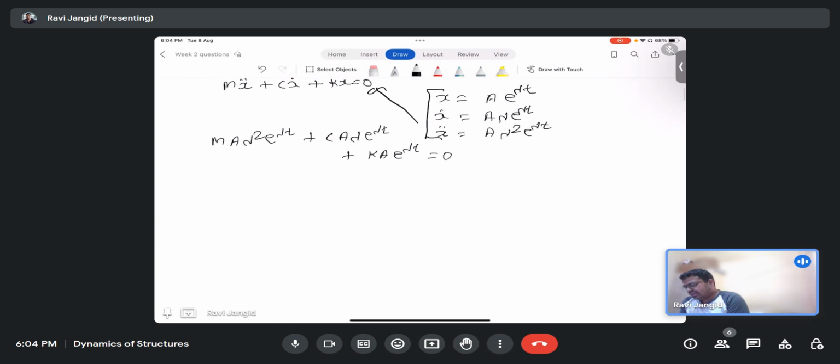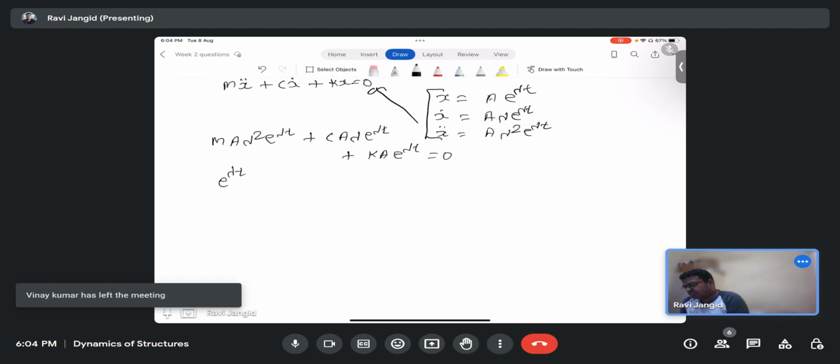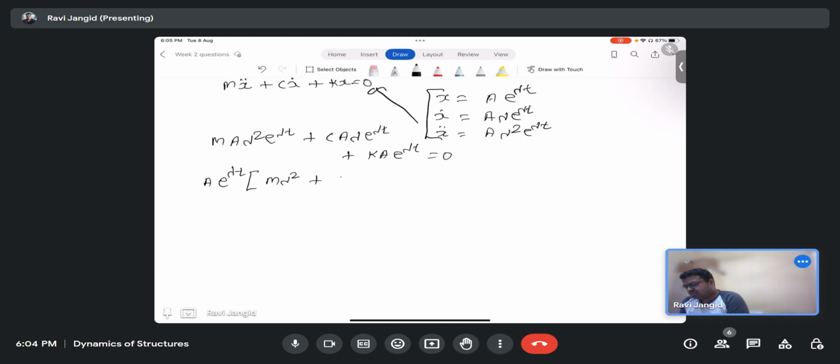If I take a e lambda t as common, my equation becomes m lambda square plus c lambda plus k is equal to 0.